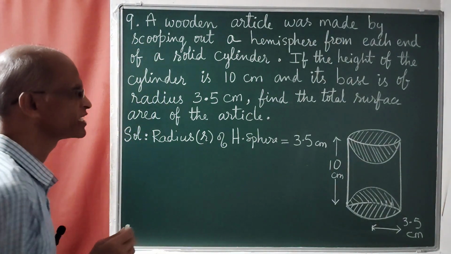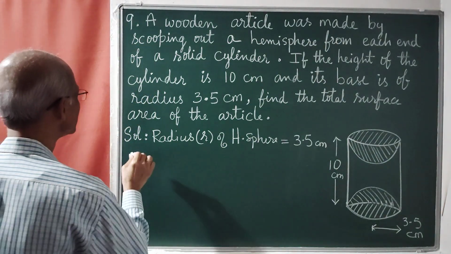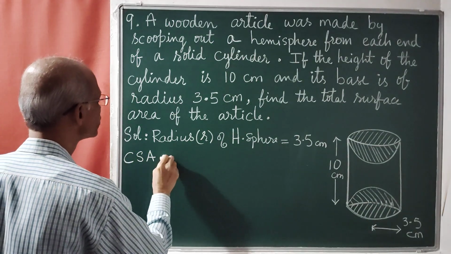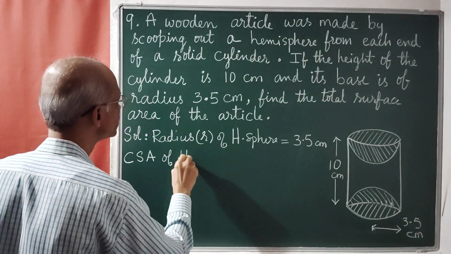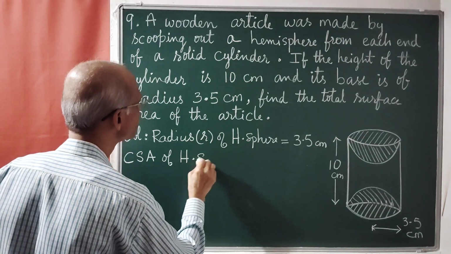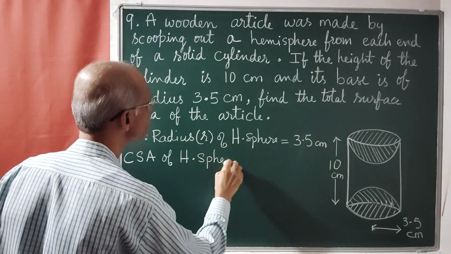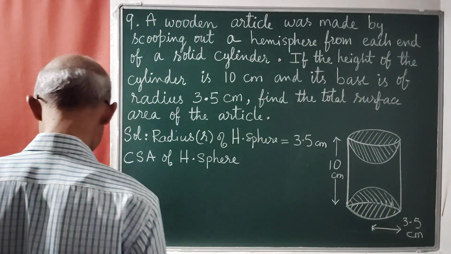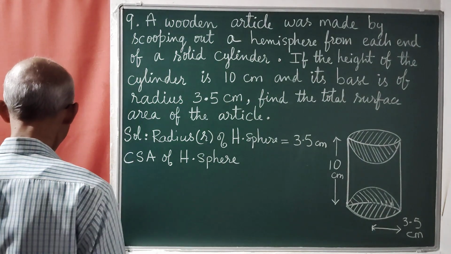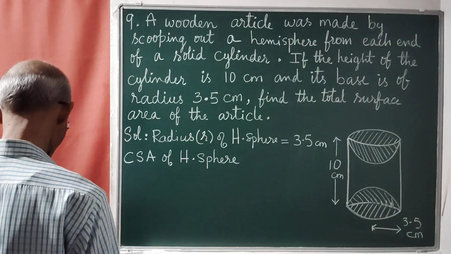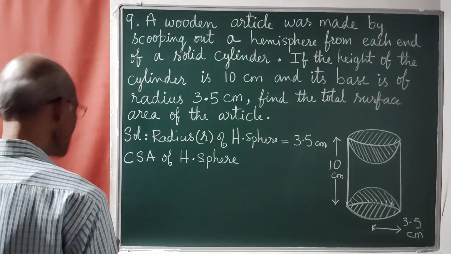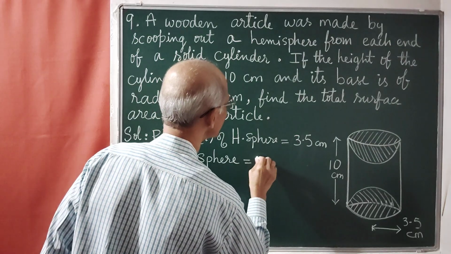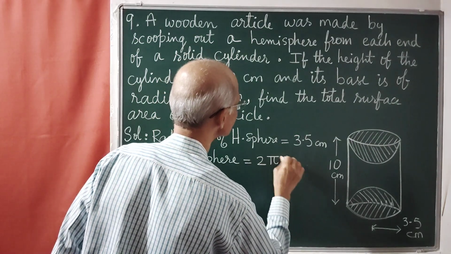Now CSA of hemisphere, curved surface area, is equal to 2 pi r square.